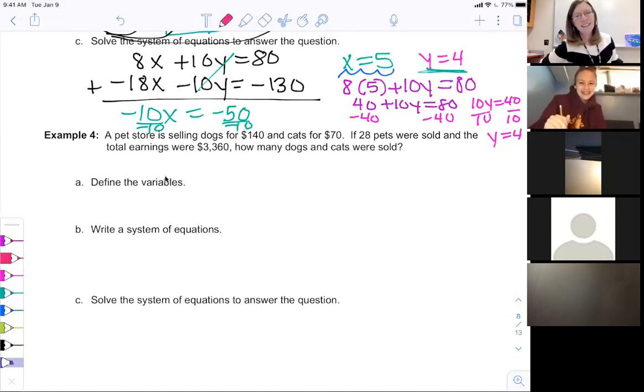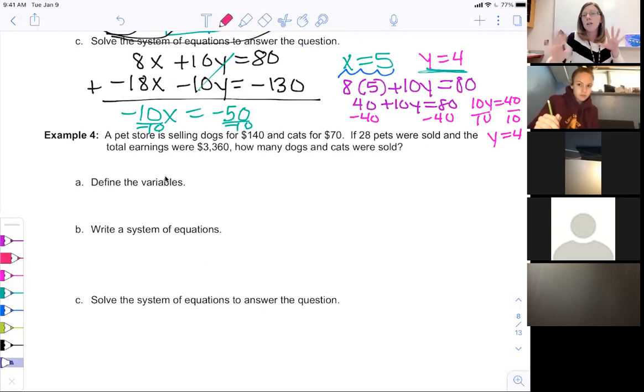All right, so let's look at this pet store. So think about those wonderful pets. We have 2 cats and a bunny. That's what we have. So we are selling dogs for 140 bucks. That doesn't sound too bad, I guess. I know dogs can be really expensive. Cats for $70. If the pet store has 28 pets that were sold and their earnings were $3,360, how many dogs and cats were sold?